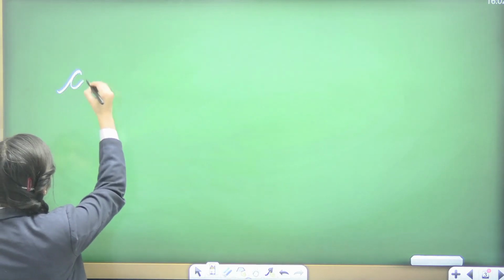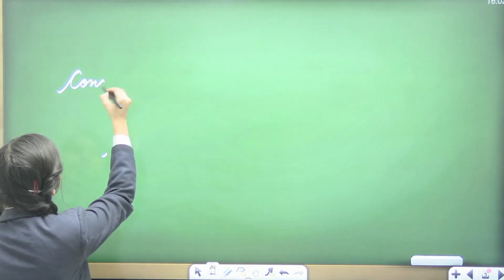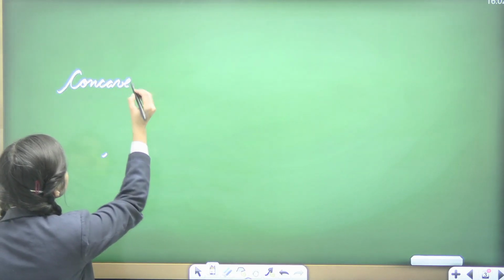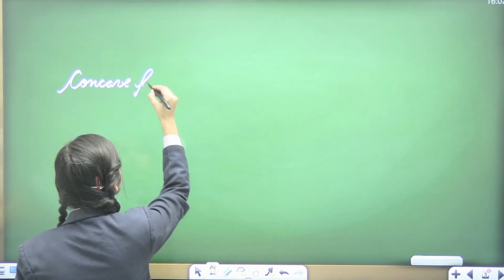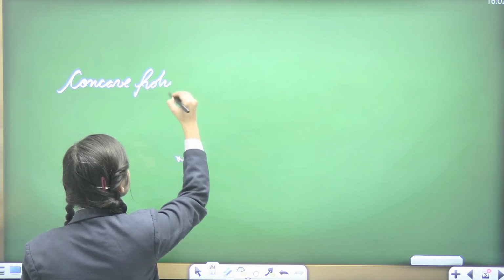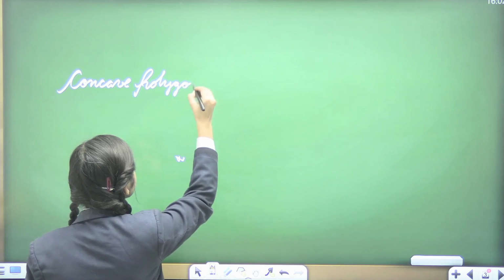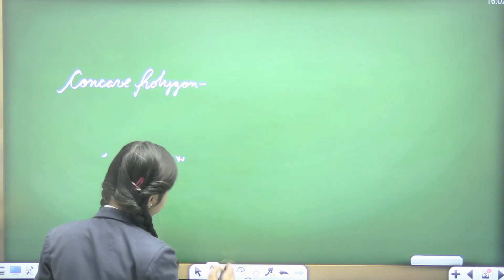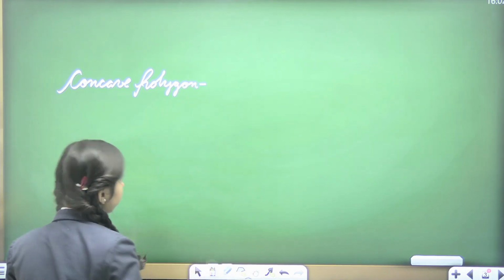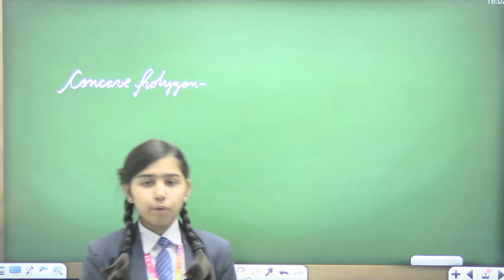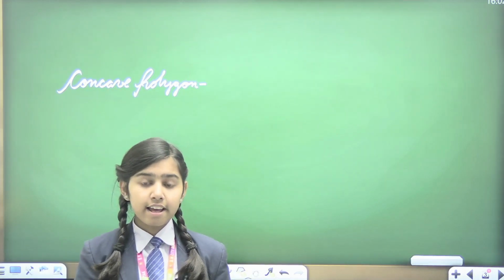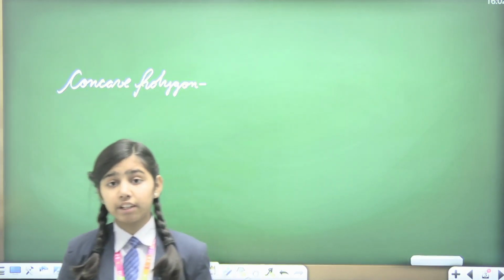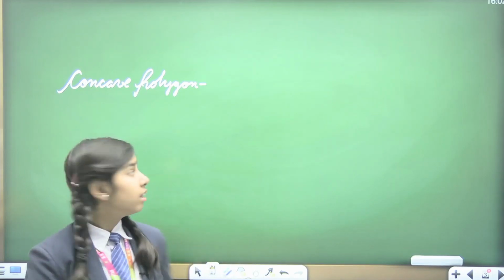The first one is concave polygon. Now, what is a concave polygon? A concave polygon is a polygon that has at least one reflex angle.